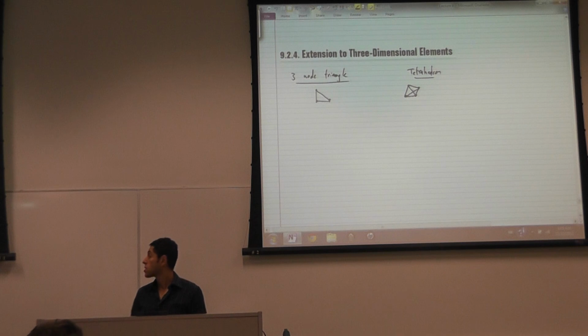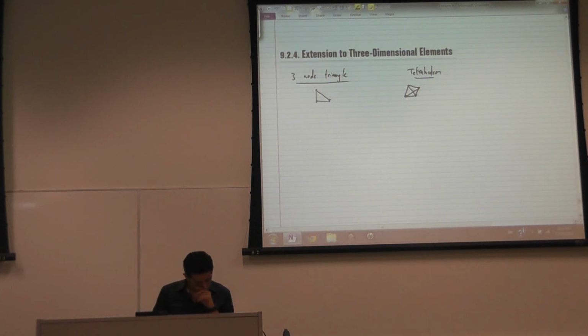So it's also constant strain shape. It's 4 nodes. The nonlinear version is obtained by adding 3 mid-side nodes, and the nonlinear version here is obtained by adding mid-side nodes here as well.